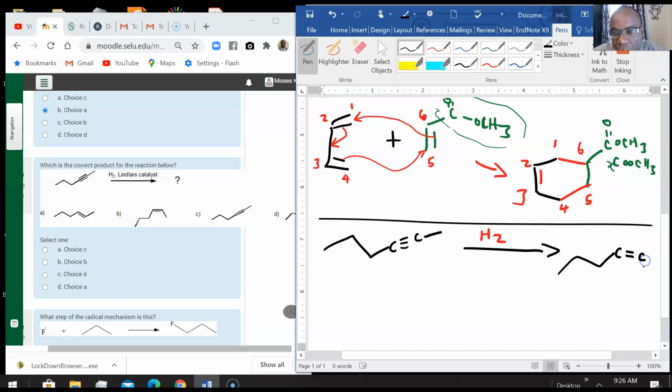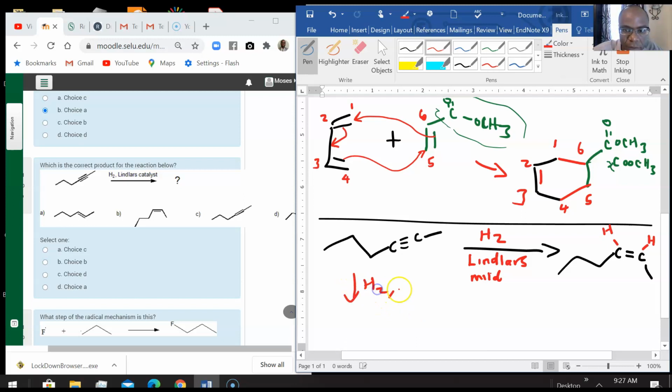now these carbons will have the hydrogen added on the same side. So you lost one of the pi bonds here when you use hydrogen gas and the poisoned, mild Lindlar's catalyst. If this was just hydrogen gas, this next pi bond will go.